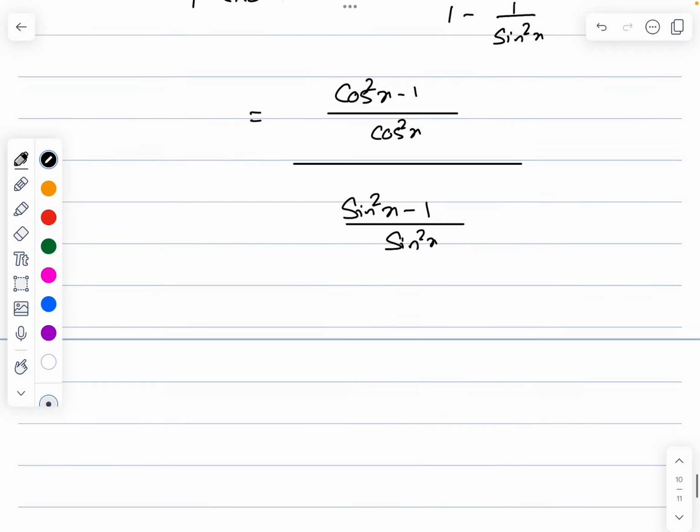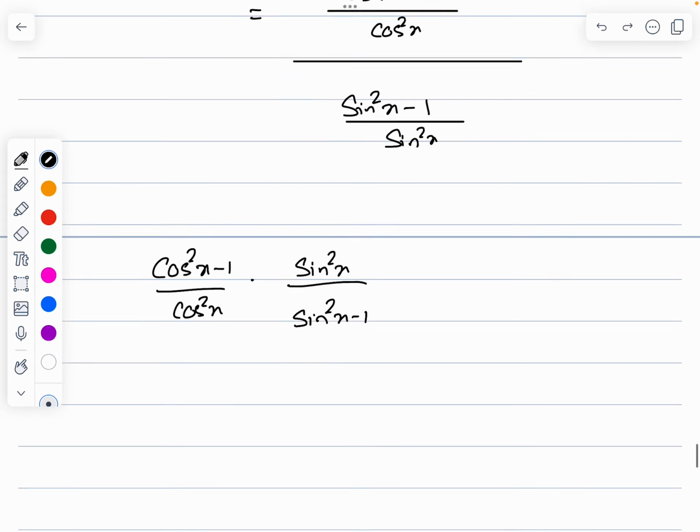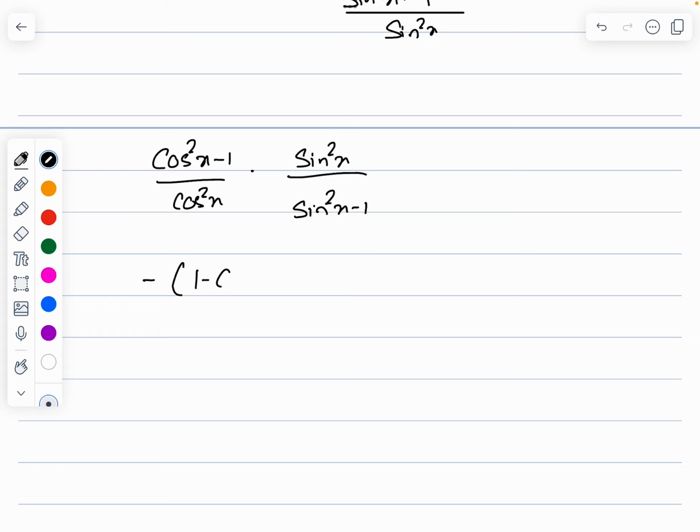Now it becomes cos square x minus 1 divided by cos square x, times sin square x divided by sin square x minus 1. So take minus common, it becomes minus 1 minus cos square x divided by cos square x, times sin square x divided by minus common 1 minus sin square x.